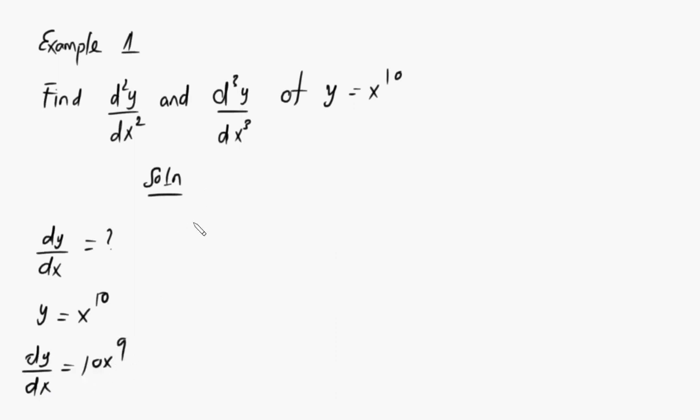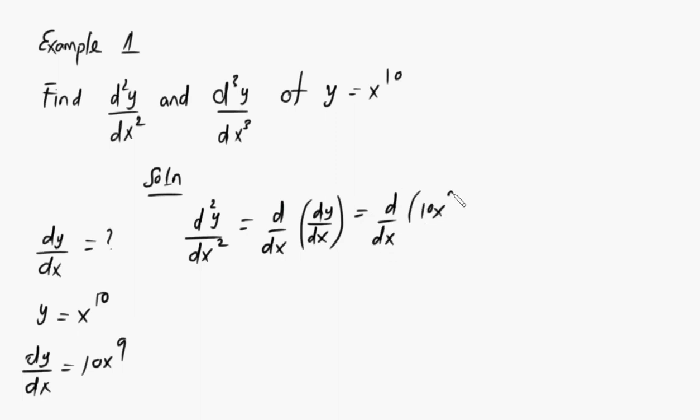So now the second derivative now hii hapa is just the derivative of the derivative. Okay, so it's just d ya nani ya 10x power 9. So nikiderive 10x power 9 napata nini? Okay, 10 is constant, it goes away. Kwa hiyo ni x power 9. Kwa hiyo napata nini?